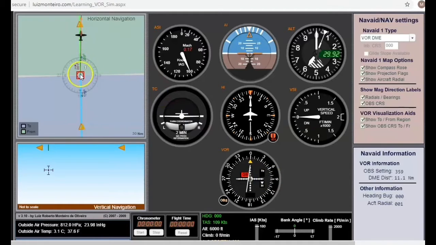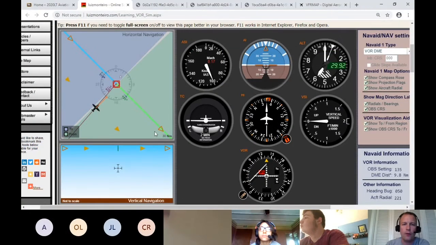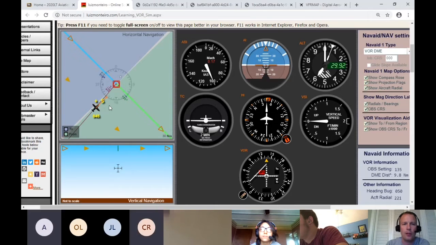So it's a little bit about the indications on a VOR receiver. Hopefully it helps you to understand it a little bit better. No matter which way our aircraft is facing, that needle will tell us our position in relationship to that particular line.